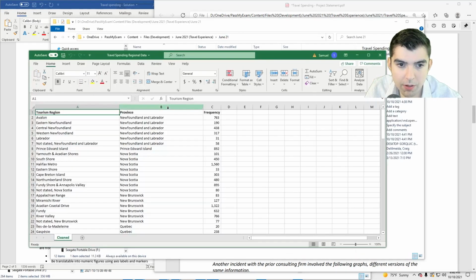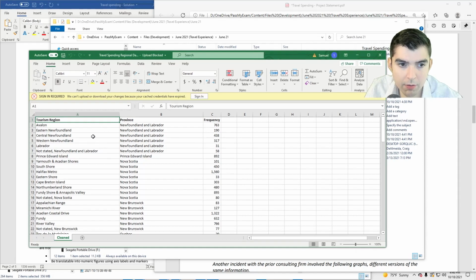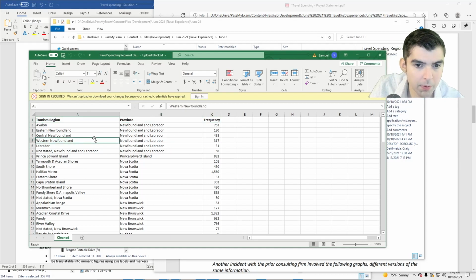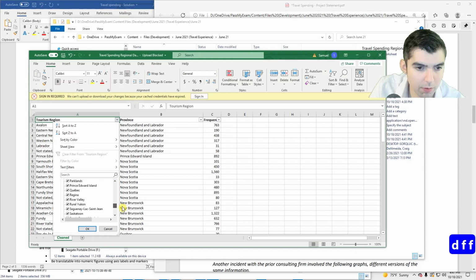So here's the regional file, and you can see that there's region, province, and frequency. Now, our data, well, what are these unique rows? Yeah, so this is geographic level data.